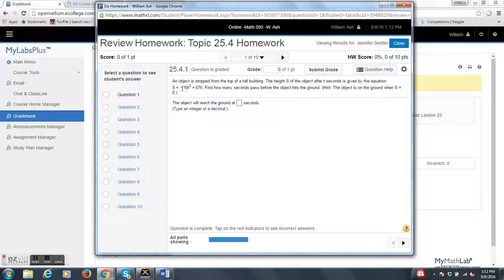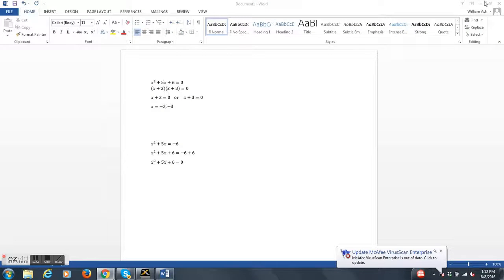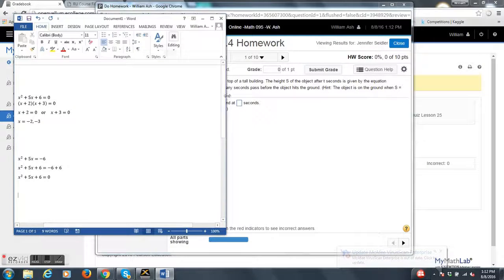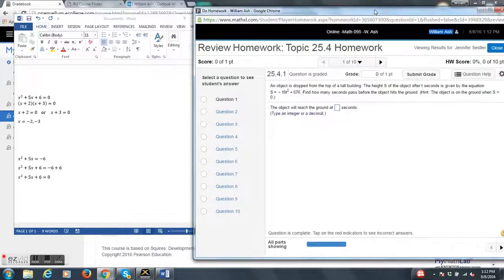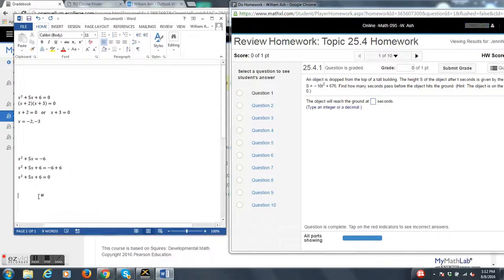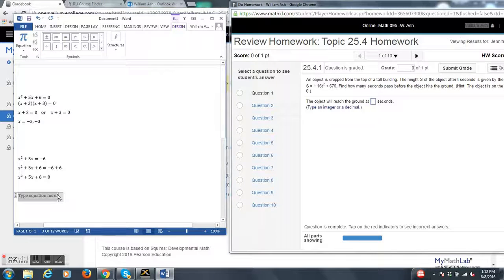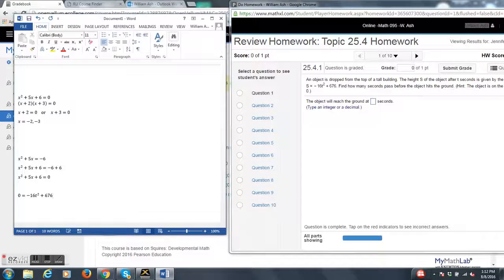So I'm just going to set this guy right here, 16, scratch work over here. Okay, so I just got 0 equals negative 16t squared plus 676. And so I didn't have to do any trick where I moved everything over to one side of the equation. I've actually already done it.